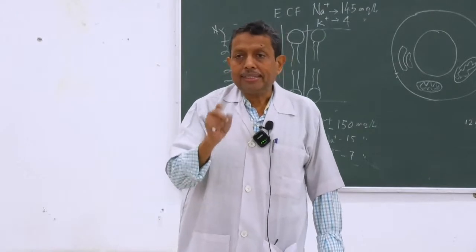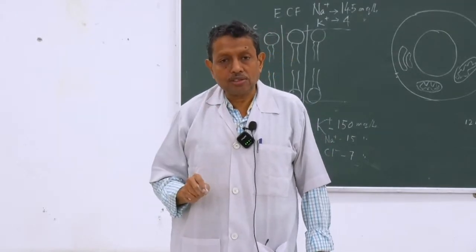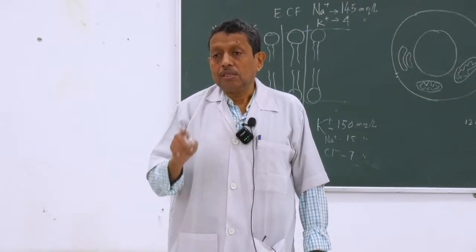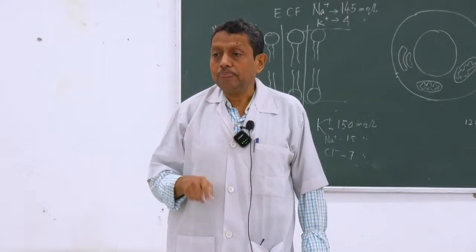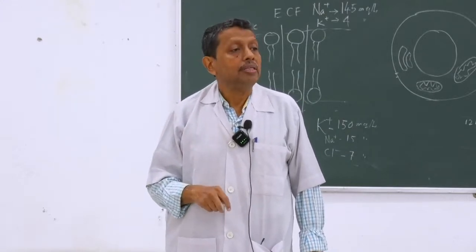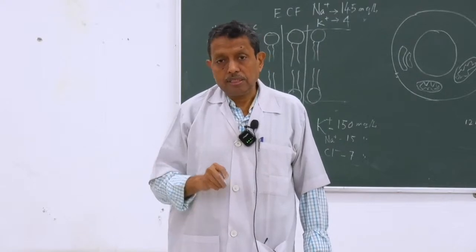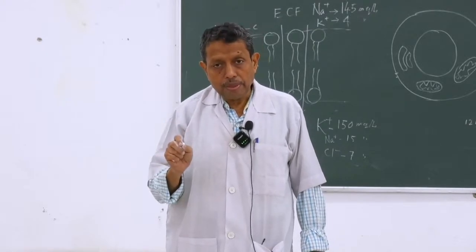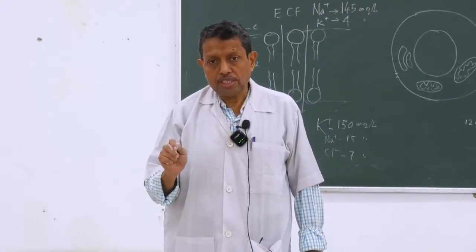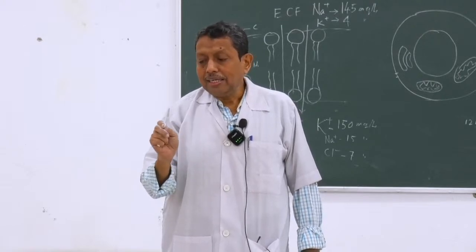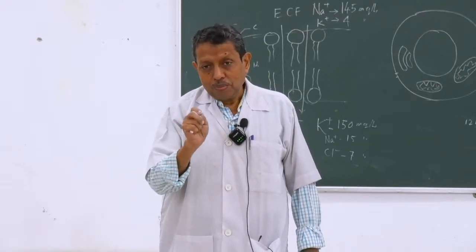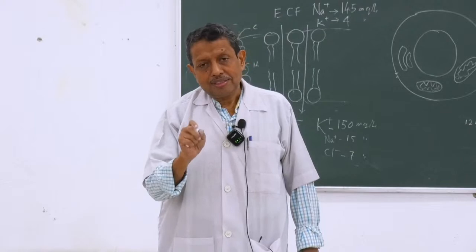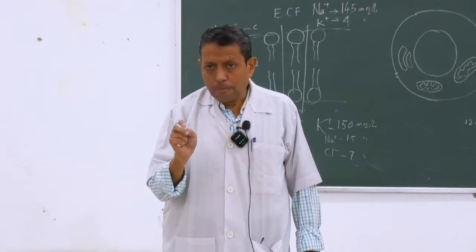You can remember the structure of the neuromuscular junction, skeletal muscle. The neurotransmitter in skeletal muscle, what is its name? Acetylcholine. It is the universal acetylcholine, and it is liberated from the nerve endings. When there is an action potential, the voltage-gated calcium channels open, and calcium enters into the terminal buttons.